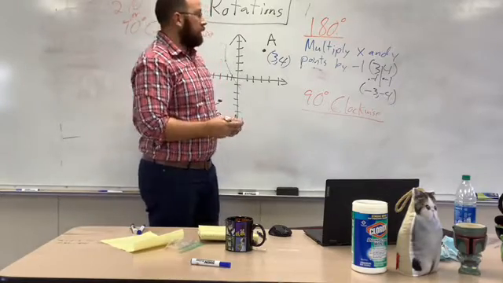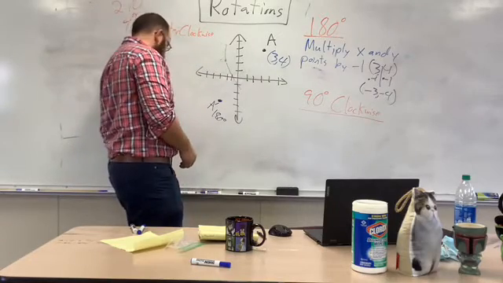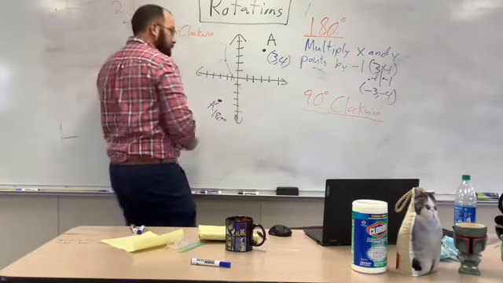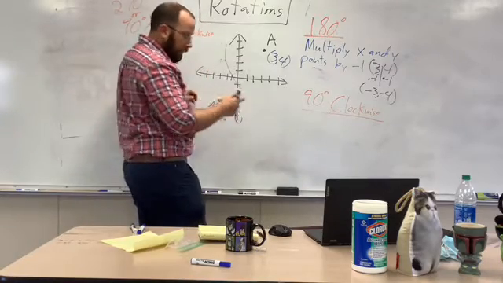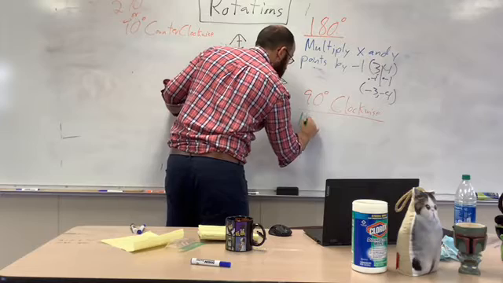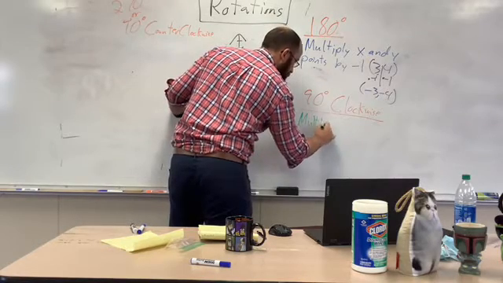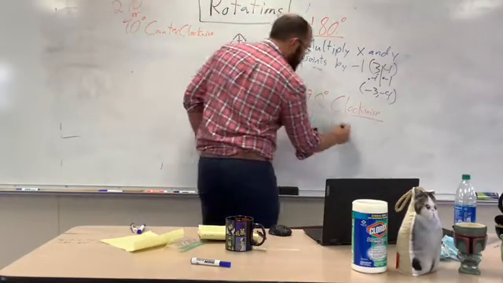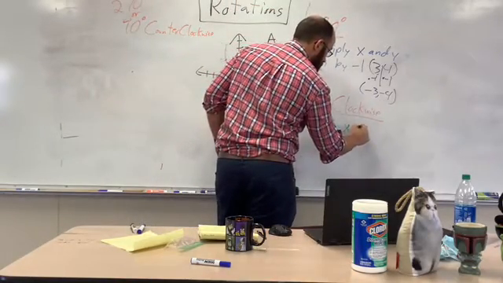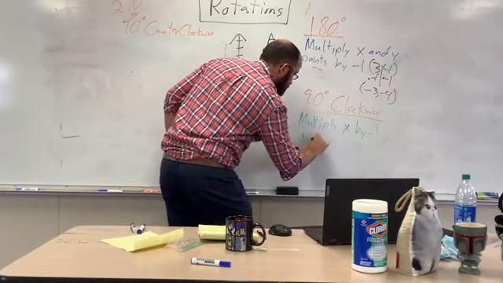All right? Next, we're going to talk about 90 degrees clockwise. So if you're going 90 degrees clockwise, you're going to multiply the x point by -1 and switch.